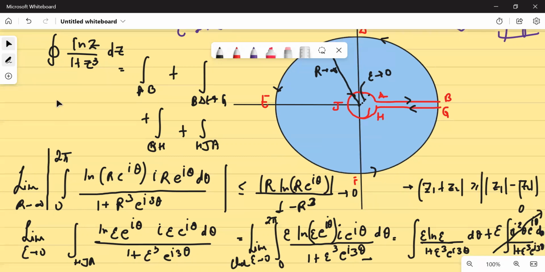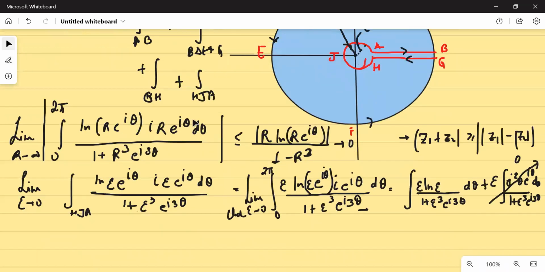Now, how would the first integral behave? There is a problem here, because as epsilon tends to 0, ln epsilon goes towards minus infinity, and it is multiplied with an epsilon which is very small.